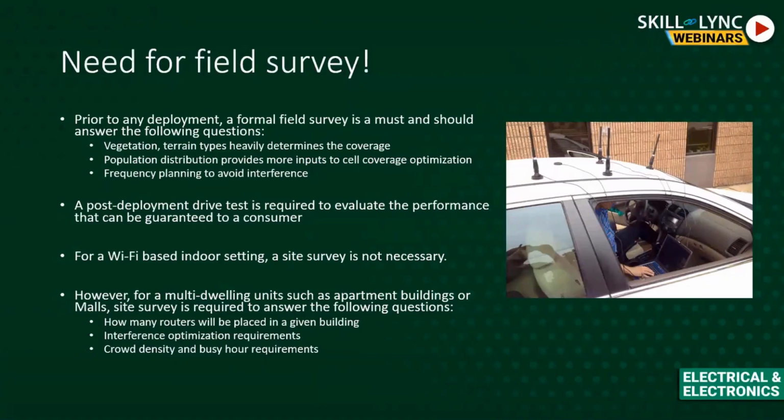This will help you get a realistic perspective of that field in a very detailed manner, and this data can again be fed into the network planning tools so that it does the optimization, taking this real measured data into account. So that's what a pre-deployment field survey means.